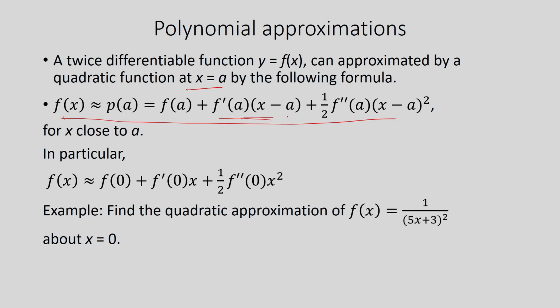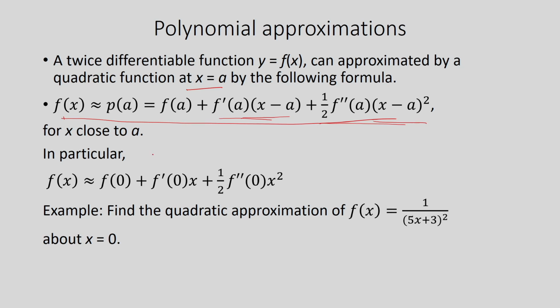Remember, this term was there in the linear approximation also, but now you have another term, which is half of f double prime of a multiplied by x minus a whole square. From here you will get x square, so this expression becomes a quadratic function. And again, like before, this will hold in the neighborhood of the point small a. It is not valid if you take x very far away from small a.